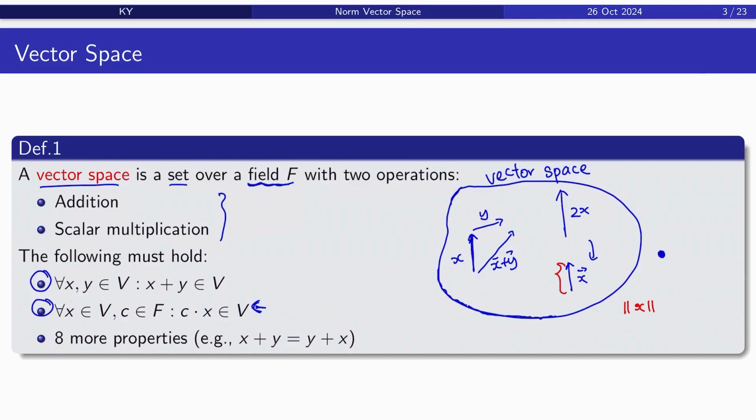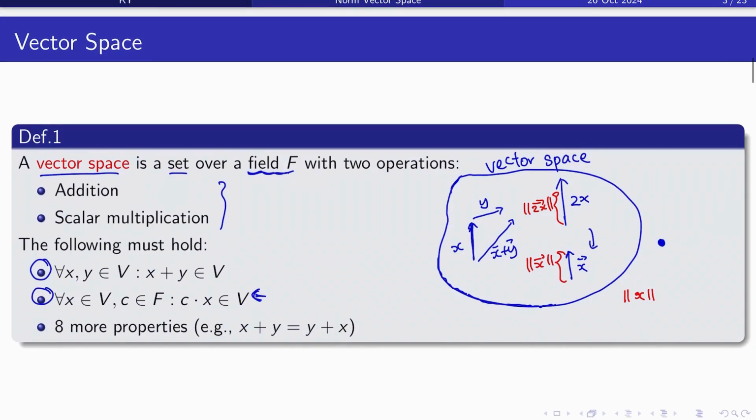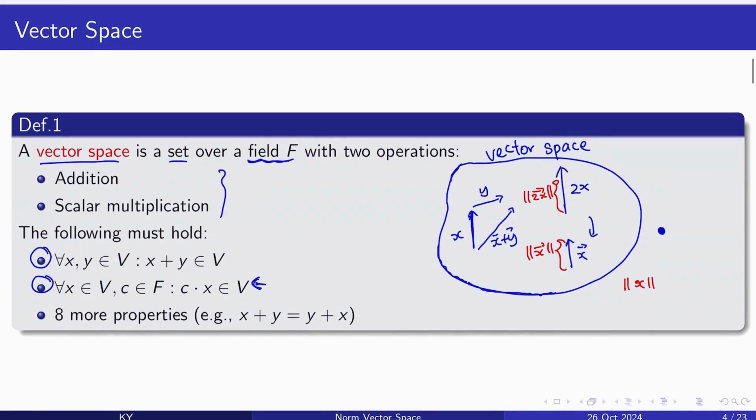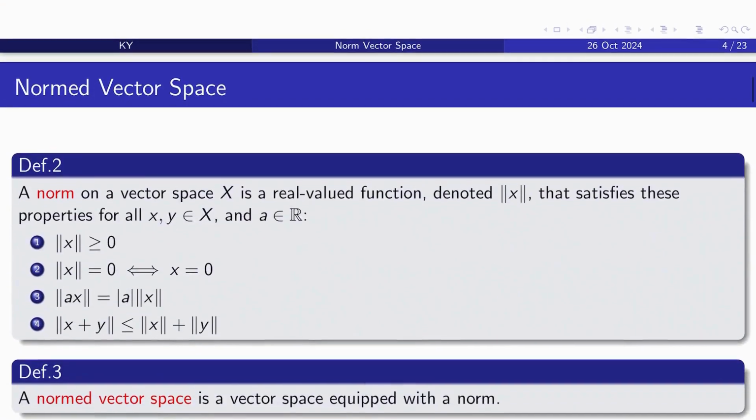So you can measure the length of this guy, and you can also measure the length of this guy right here. So that's the whole idea. A normed vector space is just a vector space where you add the norm into it, which makes the vector space become a normed vector space.